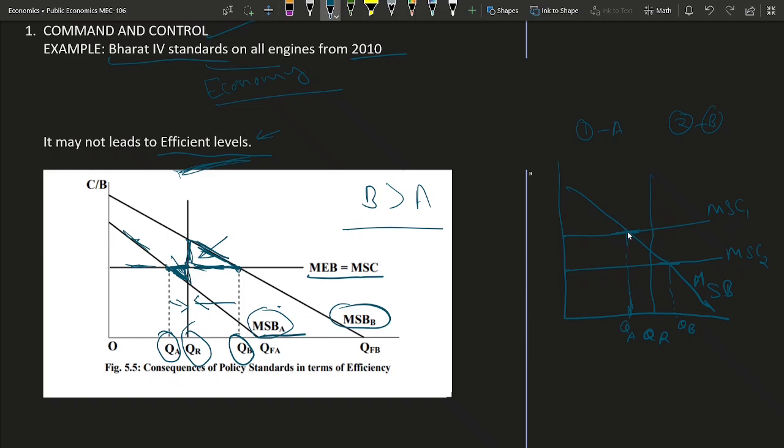So in that case, for location 1, this should be the efficient output, and for location 2, this should be the efficient output. If the government decides not more than QR output should be there, then firm A will produce at location 1 more than its efficient level, and at location 2 less than its efficient level. So we also have a welfare loss if the firms have the same technology but are at different locations where pollution levels and marginal social costs are different.